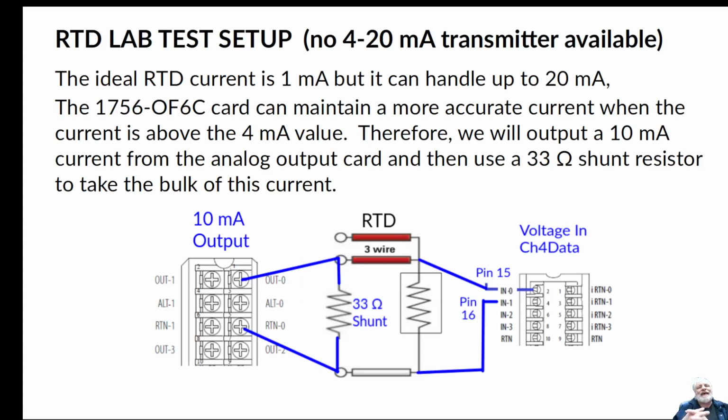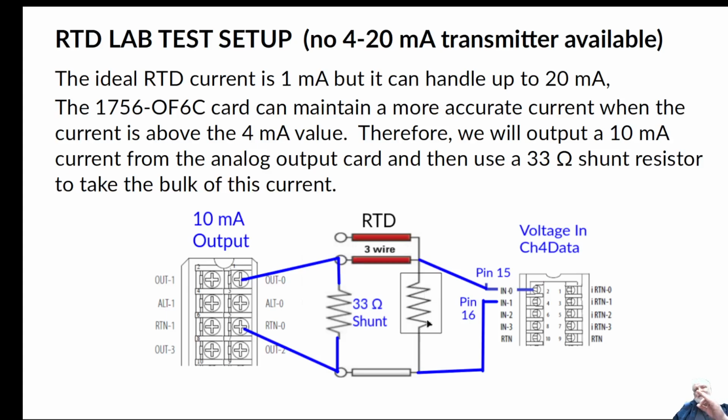Technically we could do that, but I don't really want that much current running through the RTD. So we're going to run it through a shunt. This is a parallel connection. So we have a 33 ohm shunt resistor and the RTD, which is 100 ohms at 0 degrees.